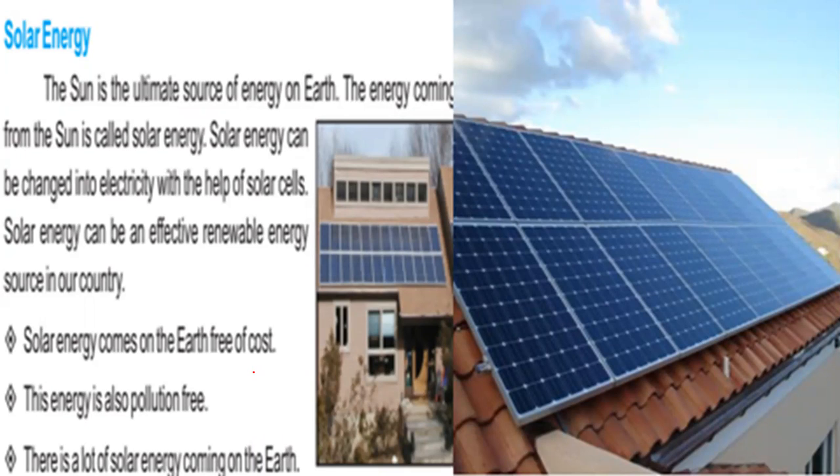Hydroelectric energy means the electricity which is formed by the energy of water. For that, dams are made and the water is stored over there, and energy from the running water is converted by the generator into electricity, and we use that at our homes.